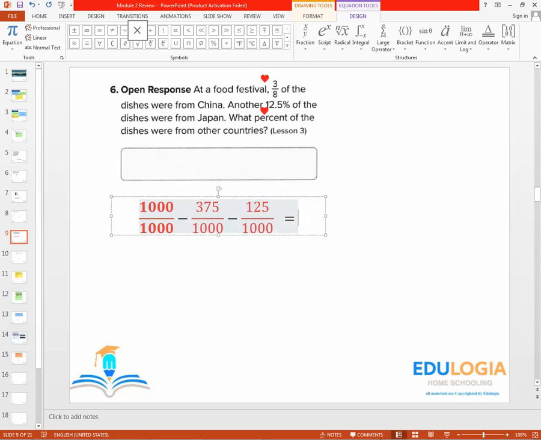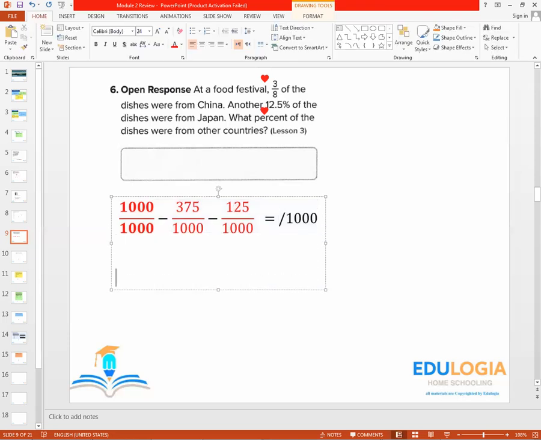Now I need to make simplification. What's over 1000? Maimuna will help us. Please subtract 1000 minus 375 minus 125. You need my advice? If I am in your place, make addition.